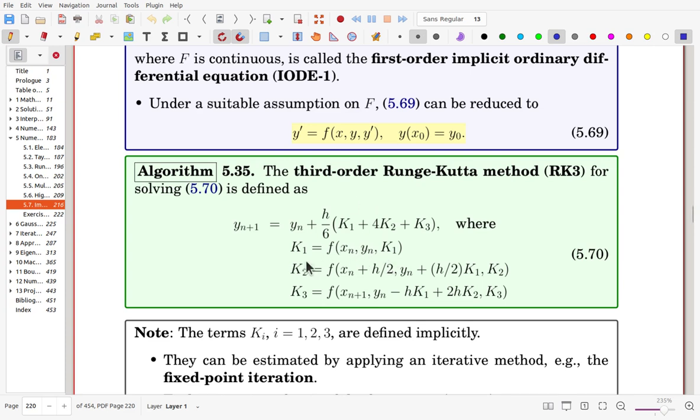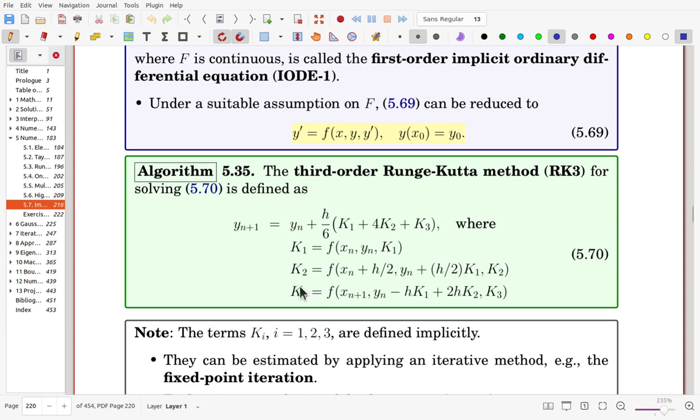That K1 is an evaluation of f. Now, if we look at this one, that is a K value. So y prime itself is also a K value, so you have to put K1 over there. So eventually, you have to find the fixed point of this function.